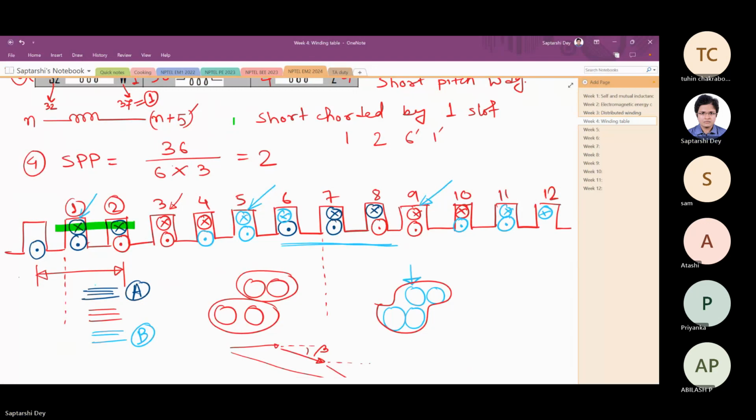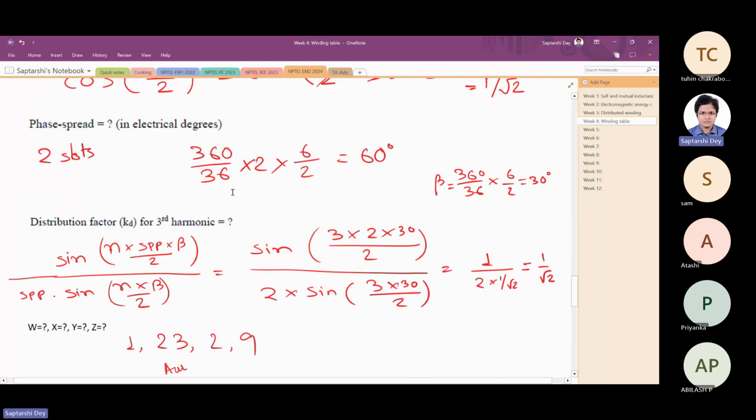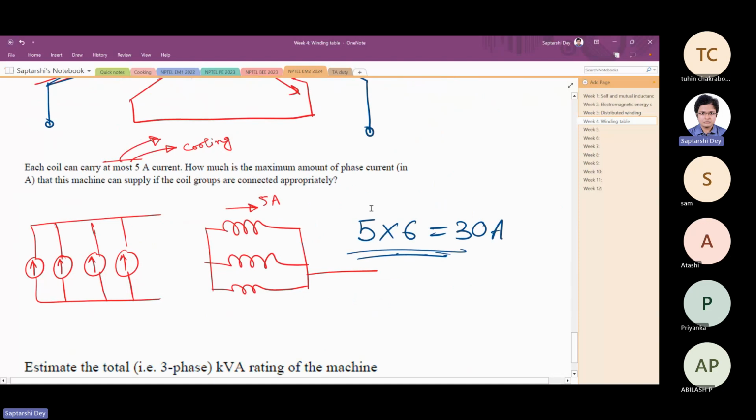This group and this group, they are placed in a magnetically equivalent scenario. One under north, one under south, that's a different thing. But the magnitude that they are seeing are the same. So the currents flowing through them are equal because they are in series and in phase. That's why you can simply add them arithmetically. It's 30 ampere.